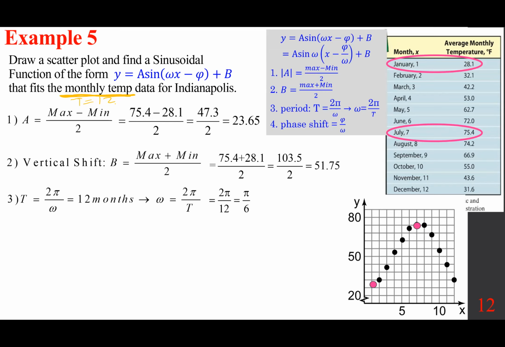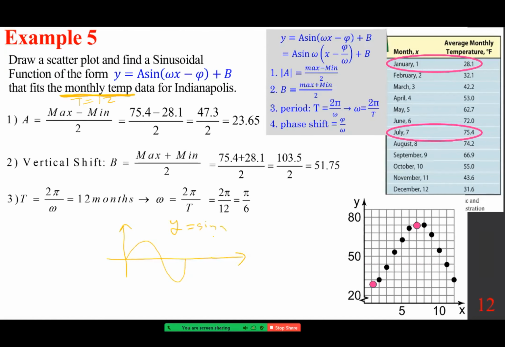Now, here's the next interesting thing that will help us find the phase shift. To understand the next one, I'm going to show you the general case of a sine x. Take a look at sine x. A basic sine x where T is 2 pi. This is where the maximum occurs. That means 1/4 times the period.